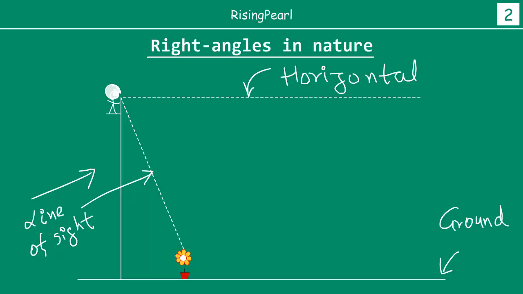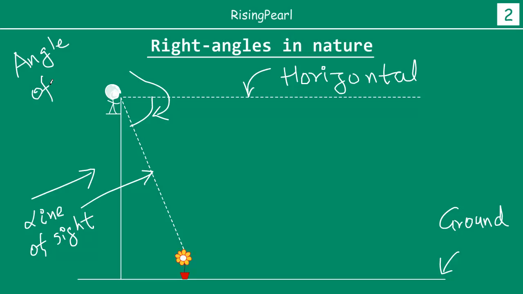Now this angle which is formed between the horizontal and my line of sight, we saw, is the angle of elevation. But when I am looking down, then instead of calling it angle of elevation, we will call this angle the angle of depression.